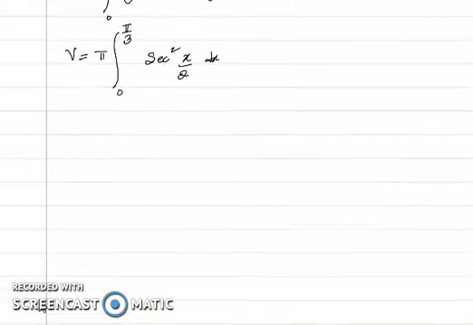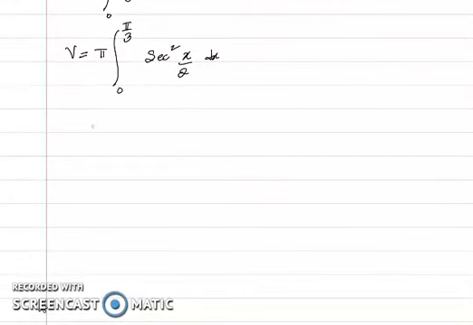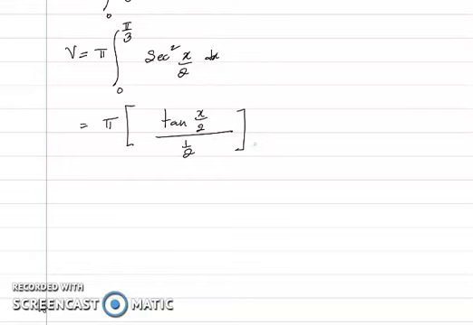Now, when I differentiate tan, you get sec squared. So if I integrate sec squared, I'm going to get tan. So the answer here becomes pi, and over here I'm going to have tan x over 2. Then I have to divide by the differential of the inside function, which is a half. All right, and this is from 0 to pi by 3. Now, dividing by a half is the same as multiplying by 2.